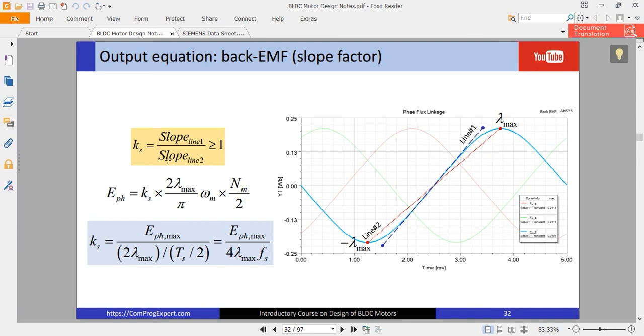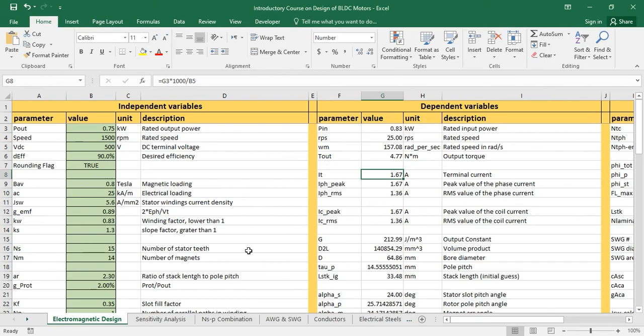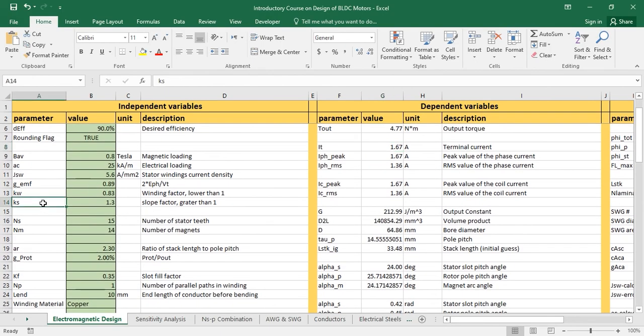The slope factor is higher than 1, and the maximum phase flux linkage is the slope factor times this expression. So I can calculate the maximum phase flux linkage. I have these variables here, winding factor and slope factor.